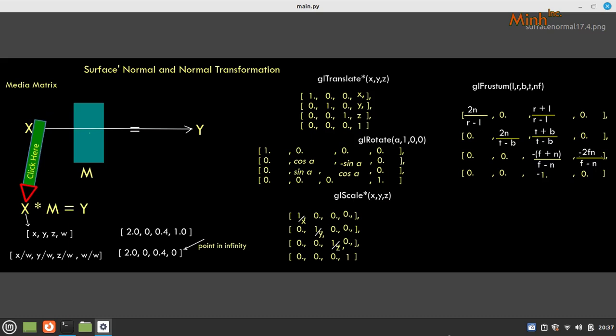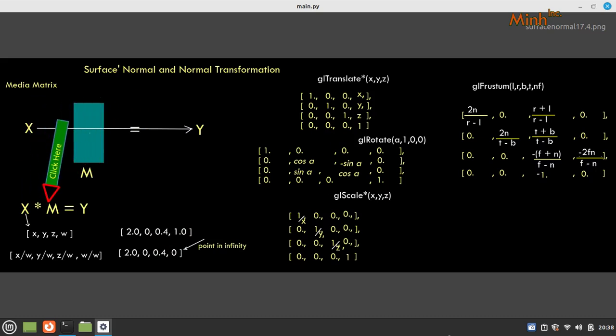Now what is X? The input is in the form of X, Y, Z and W. W is the fourth parameter, and typically we divide everything by W. If W is 1, then it is a point. If W is 0, then certainly the point is at infinity, because of the division.